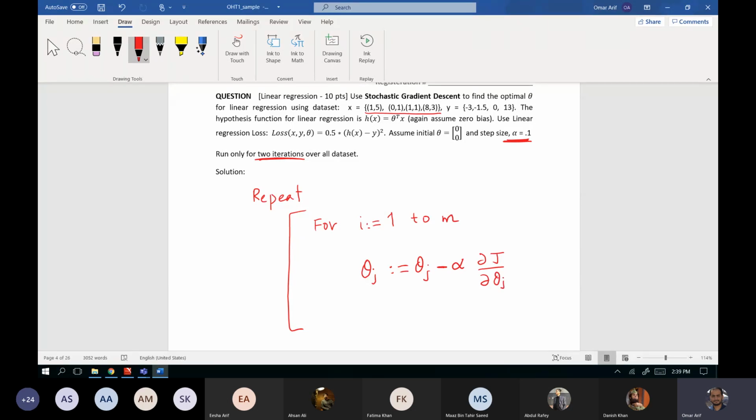And since we will have another loop here, j goes from 1 to n in the general case, or 0 to n, because I also have to update the bias term. So this is the general stochastic gradient descent algorithm.